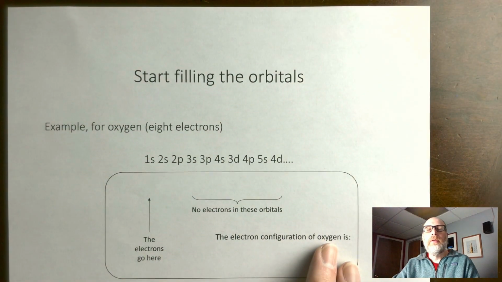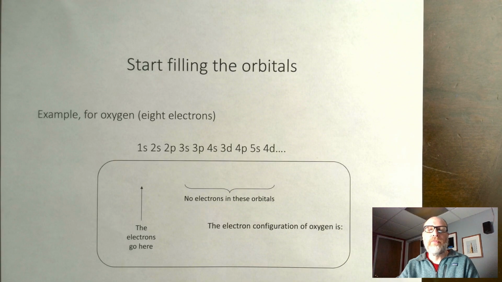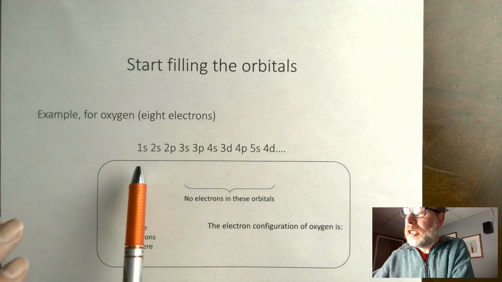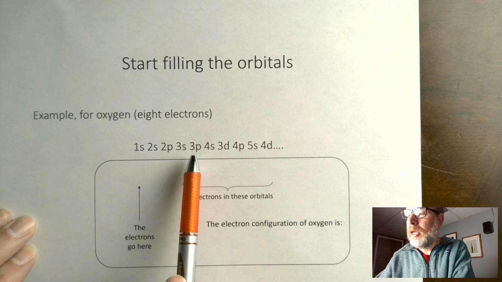How about oxygen? How many electrons does oxygen have? If you're saying 8, after looking at the periodic table, you would be right. Okay, so we've got our order in which orbitals fill: 1s, 2s, 2p, 3s, 3p, 4s.